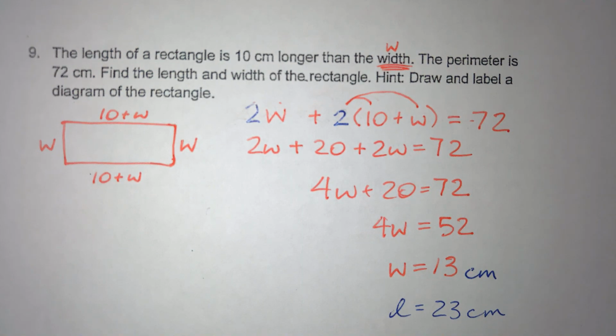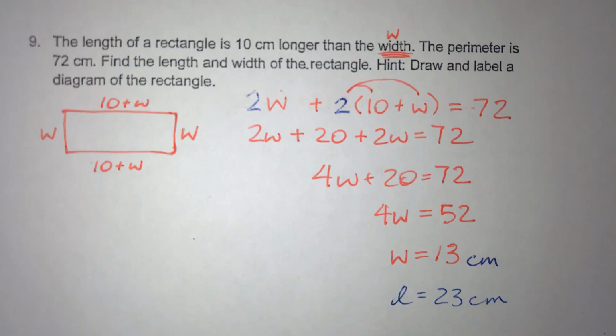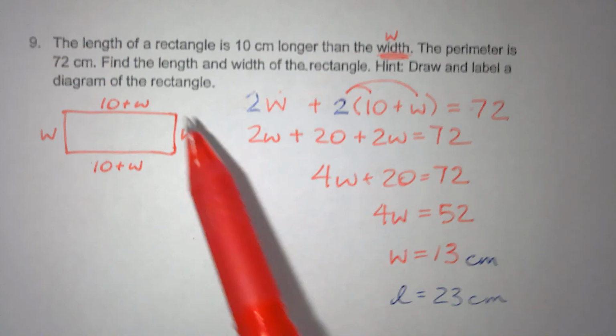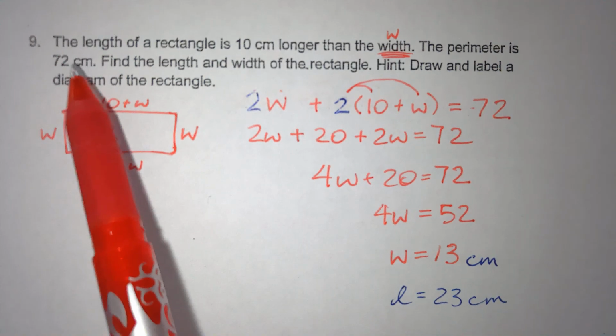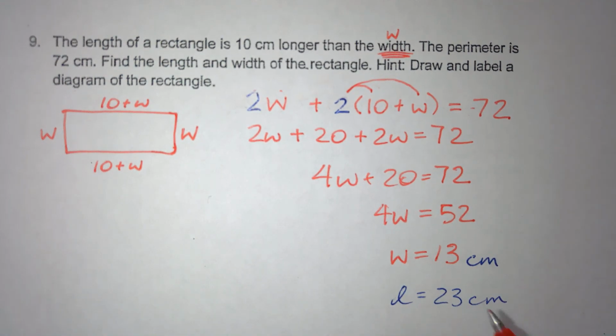My length and width. How do I check my answer? You just plug it in. Just multiply both of them by 2, and it should equal the perimeter, 72. So 13 plus 13 plus 23 plus 23 should give you 72. If it doesn't, check your work.